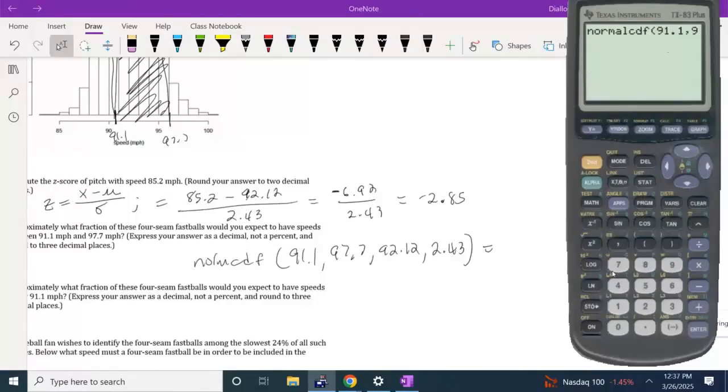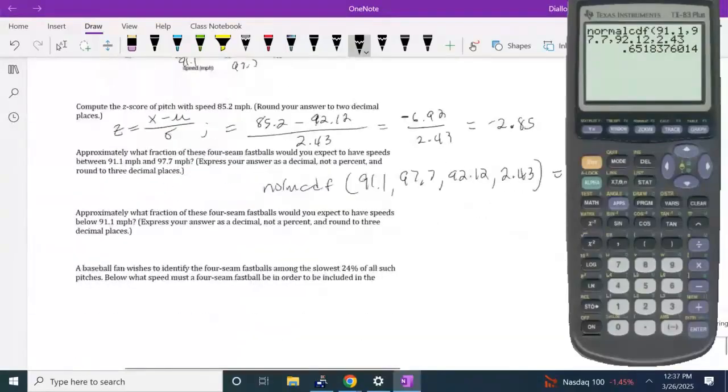So 91.1, 97.7, 92.12, comma 2.43. To 3 decimal places, 0.652 would be the probability between those two speeds.